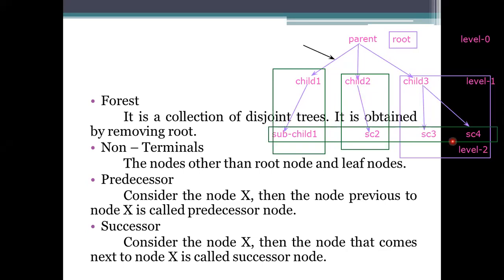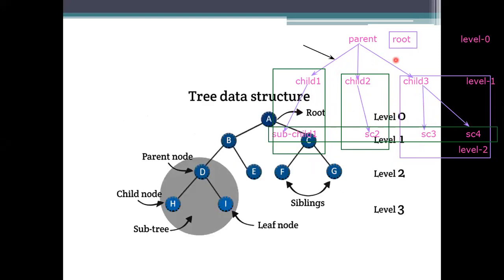Predecessor means the previous one, successor means the next one. Likewise, in a list we have the predecessor as the previous link and the successor as the next link. So child 2's previous node here will be the parent, and child 2's successor will be subchild 2. Okay, so this is the terminology we have.